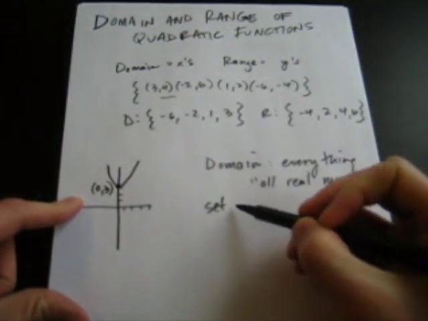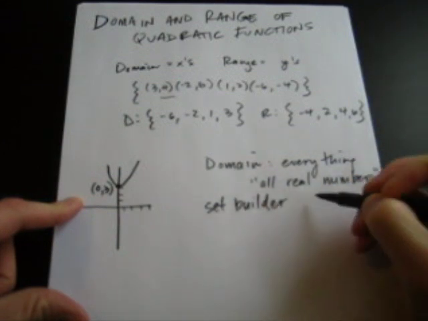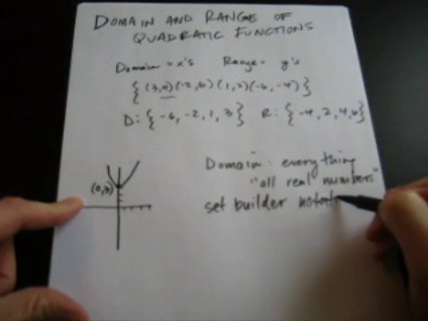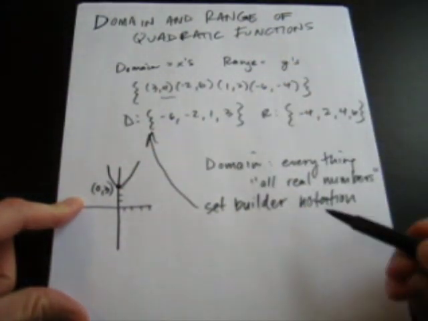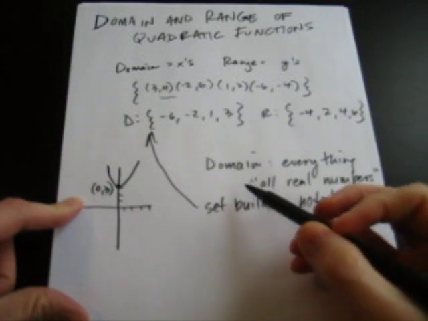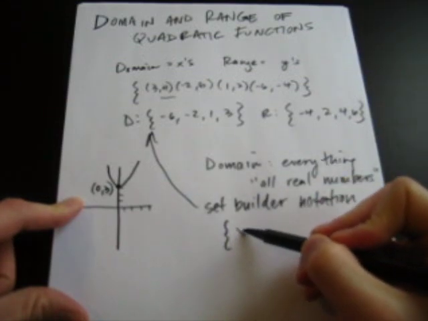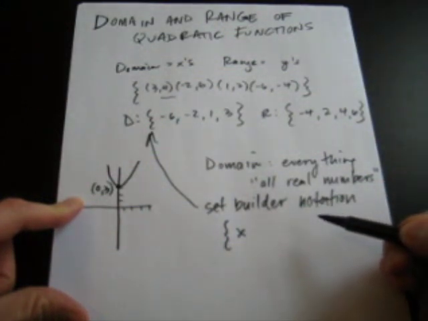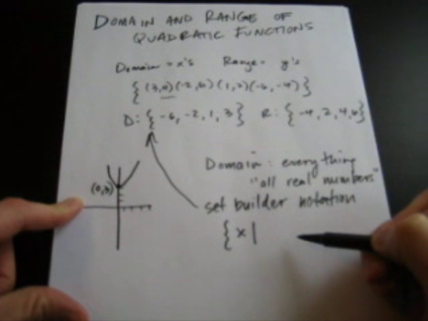We write this in what's called set builder notation. We had done a little bit up here with that thing, but when we're talking about domain and range, we have to add a little extra element. Domain is x's, so we'll put an x. We write x, and this line means such that.